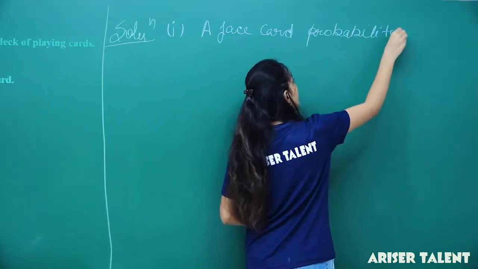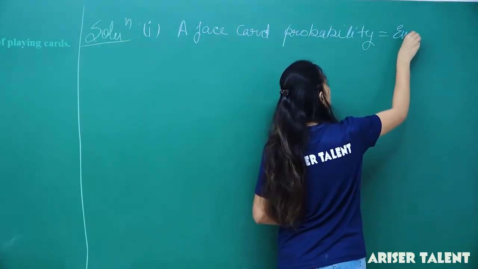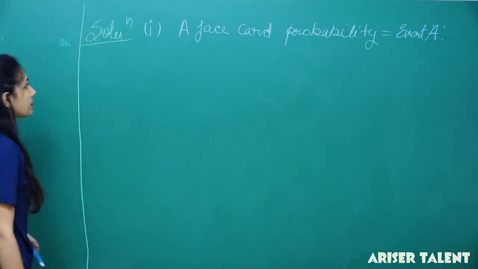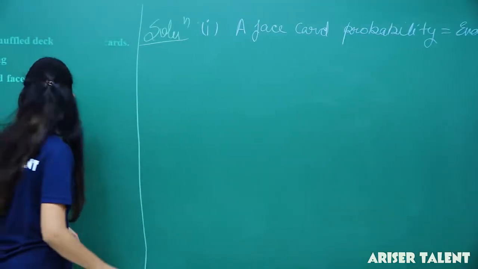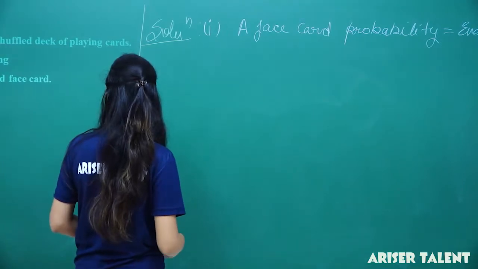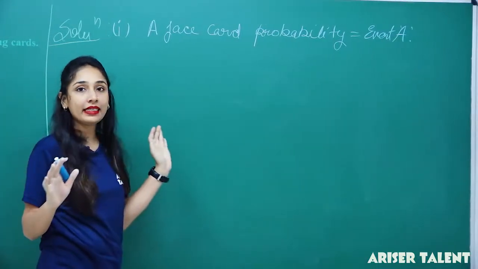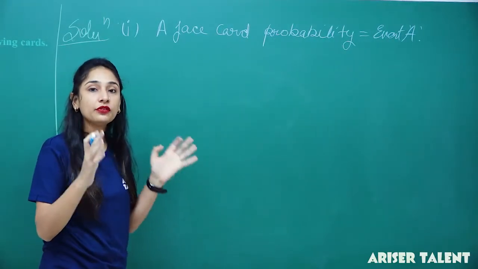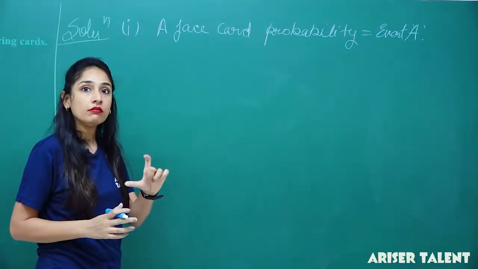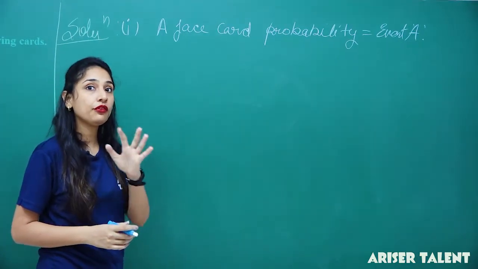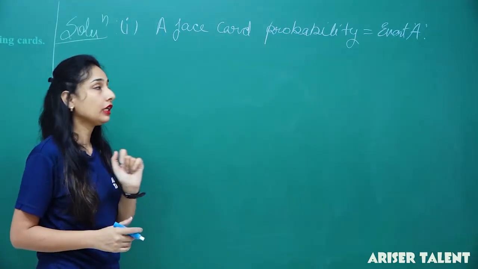And we'll call it event A. The card is drawn from a well shuffled deck of playing cards. Now, how many cards do we have in one playing card set? We have 52 cards.